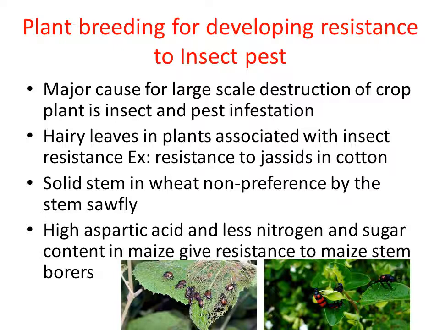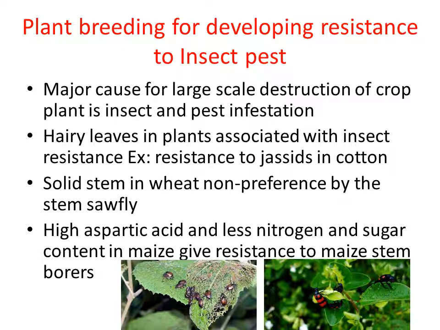So these are the common steps in the conventional breeding method. For conventional breeding, we always have to select the appropriate parents, right? By selecting the appropriate parents which carry the resistance gene, they actually raise better crop, better progeny that is resistant to insect, right?